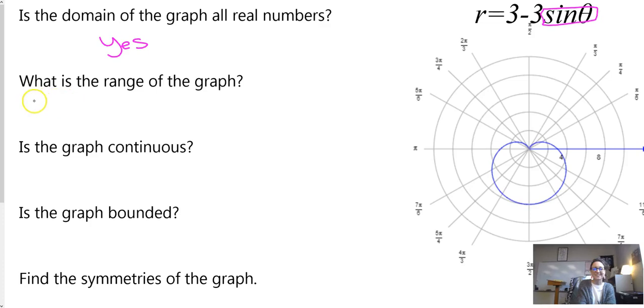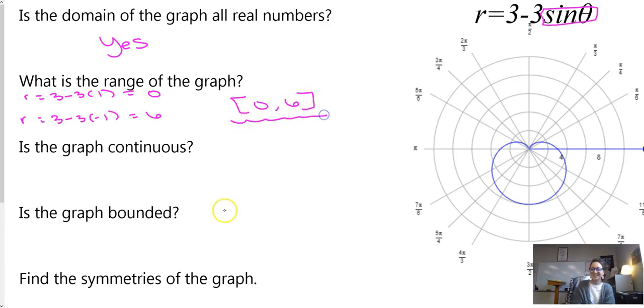So if I replace that with 1, I get 3 minus 3 times 1, which is 0. And if I replace sine of theta with -1, I get 3 plus 3, which is 6, and this gives me, at least how MyMathLab wants, the range of your graph. So make sure you do bracket 0, 6, close bracket. Okay, is the graph continuous? In other words, can I draw this without picking up my pen or pencil?